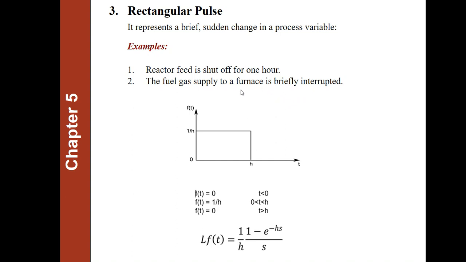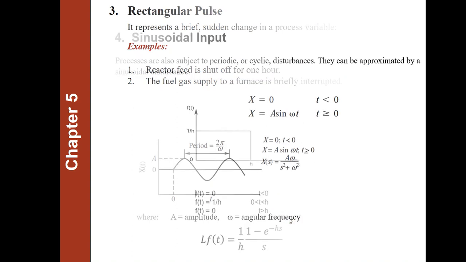So if there's an interruption in the fuel gas supply to anything for that matter, that particular change or interruption is something that is not forever. So it's only good for a certain time interval. So we say that the input change is just that of a pulse. And this is the representation, and this is the Laplace forcing function.